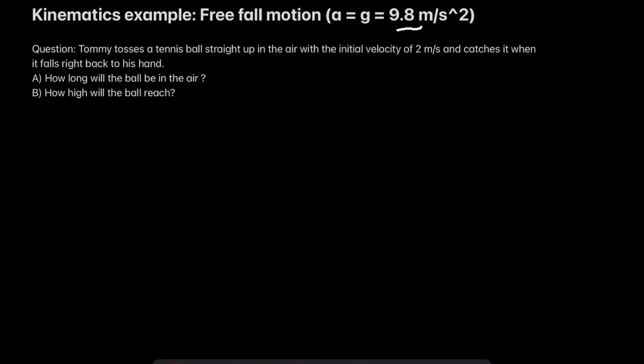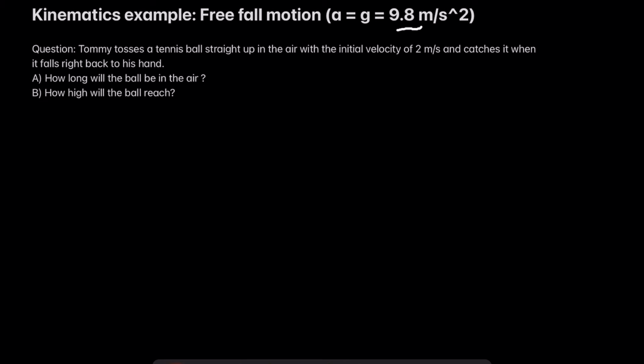The question is, Tommy tosses a tennis ball straight up in the air with an initial velocity of 2 meters per second and catches it when it falls right back to his hand. We're asking two questions. Part A, how long will the ball be in the air? And part B, how high will the ball reach before it falls back to the ground?